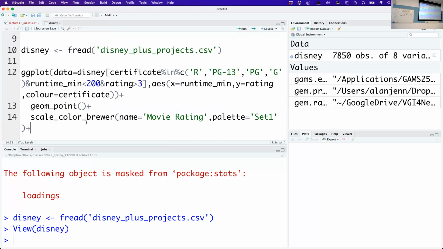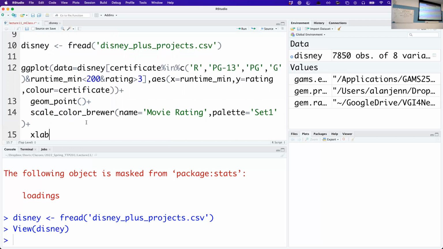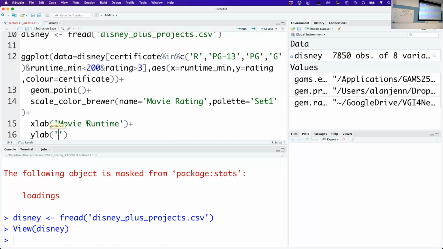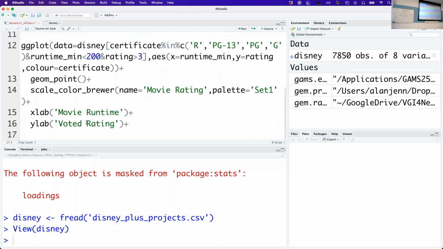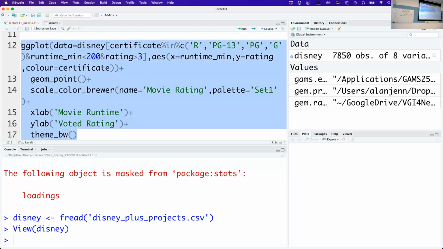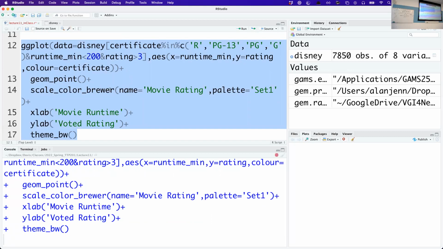We'll do this just to be consistent. Okay. So let me go ahead and run this.